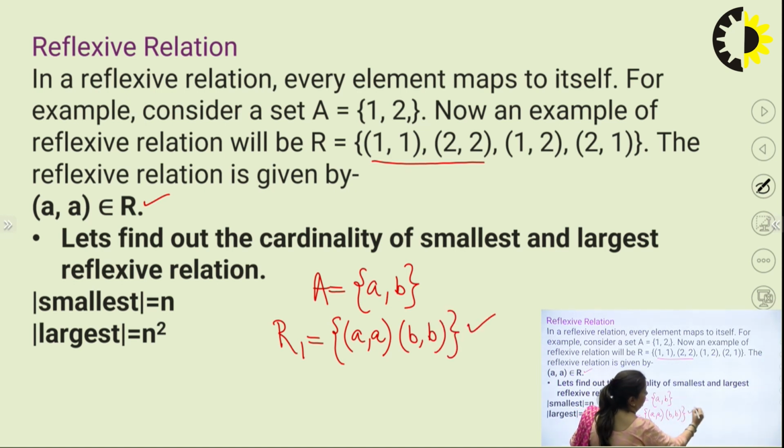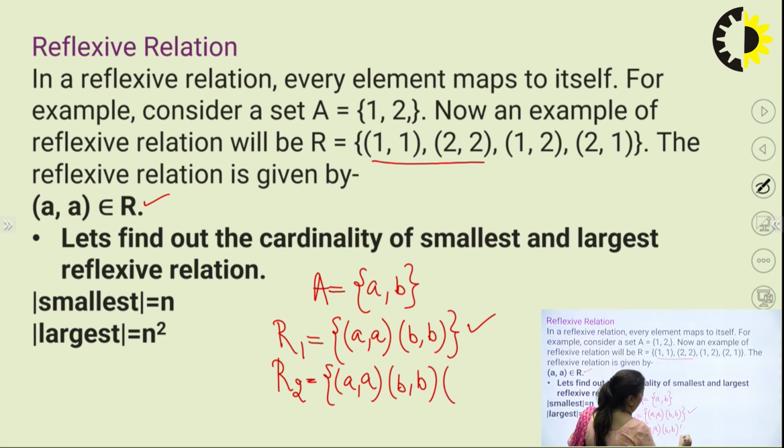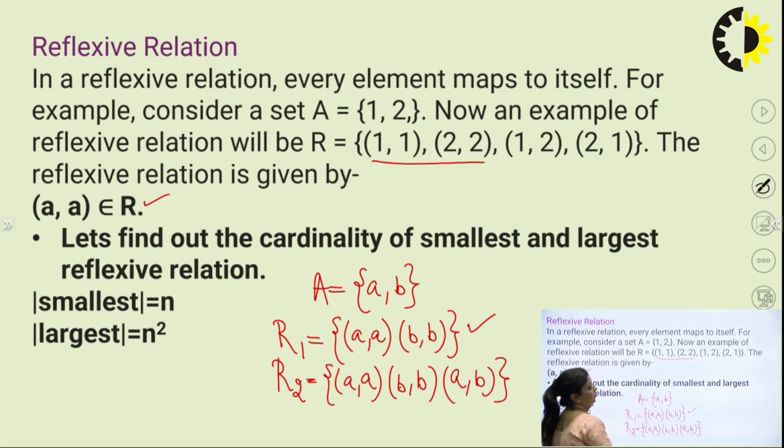So this relation is reflexive even if I add certain more elements to this, like (a, b). Even this is reflexive because it is having these 2 pairs. Whatever else it is having, that is not a problem, but it should have a minimum of these diagonal elements.